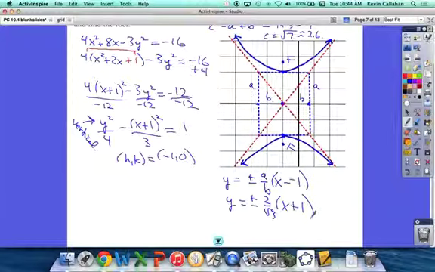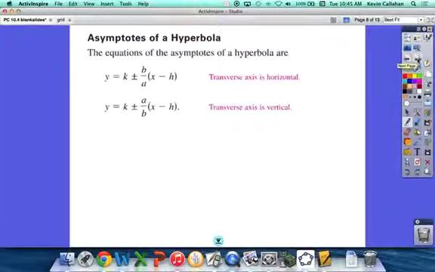And if we had a y coordinate other than 0 there, then we'd have to subtract that, y minus k, and that would give us something to subtract, or something we would have to add to the other side. But the main thing to understand is, if it's horizontal, your slope is b over a. If it's vertical, it's a over b. These are the equations for the asymptotes in general.